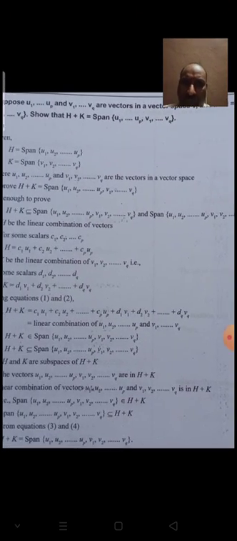To prove that H plus K is equal to the span of the set of U1, U2, and so on UP, V1, V2, and so on VQ, it is enough to prove that H plus K is a subset of the span of U1, U2, and so on UP, V1, V2, and so on VQ, and the span of U1, U2, and so on UP, V1, V2, and so on VQ is a subset of H plus K.